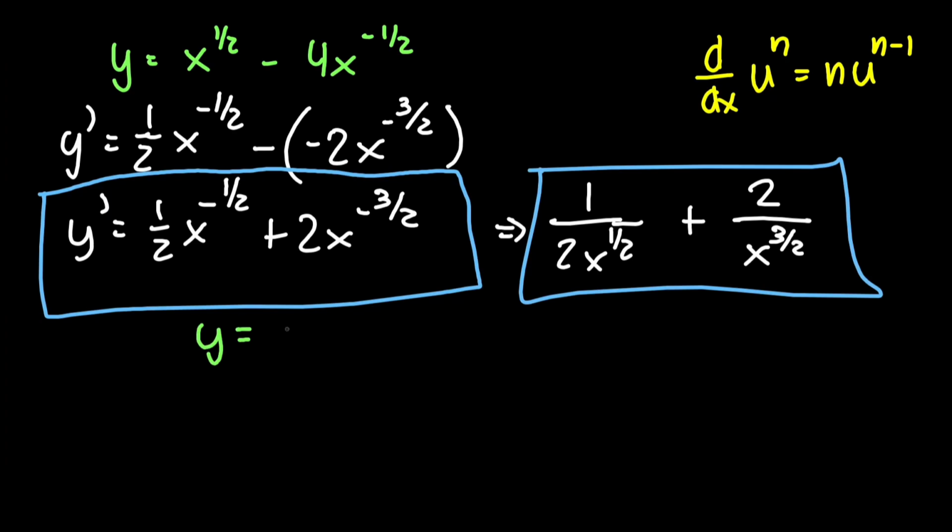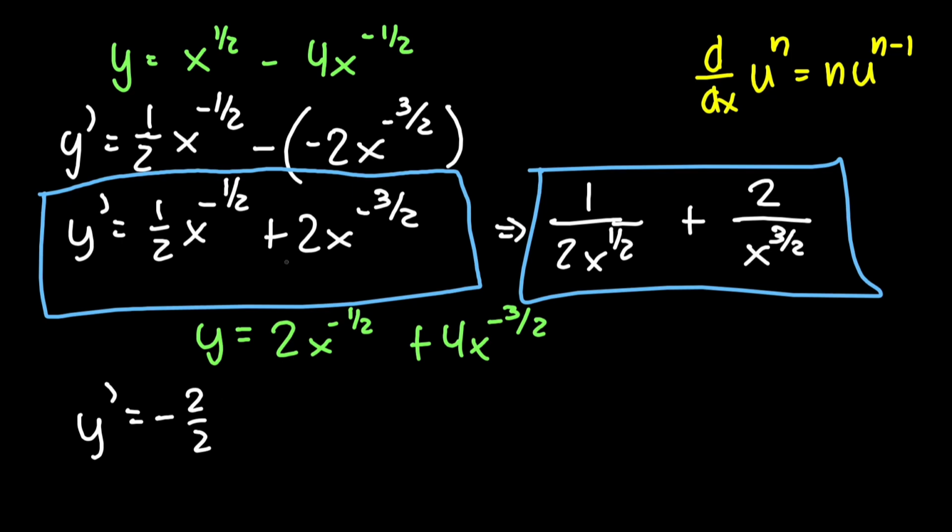Y equal to 2x to the power of negative 1/2 plus 4x to the power of negative 3 over 2. For this again, y prime would be equal to 2 multiplied by this one would be equal to negative 2 over 2, or negative 1 multiplied by x to the power of negative 1/2 minus 1 would be equal to negative 3 over 2 plus 4 multiplied by negative 3 over 2 would be equal to negative 12 over 2, or 6.